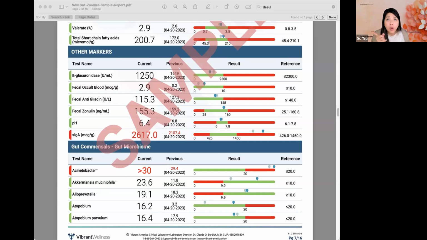And when you don't have enough acidity, you can't break down protein. So there's a lot of implications of an abnormal fecal pH. A lot of times I don't see the abnormality in fecal pH. It's not a common thing that shows up, but it is something to know about and to consider.